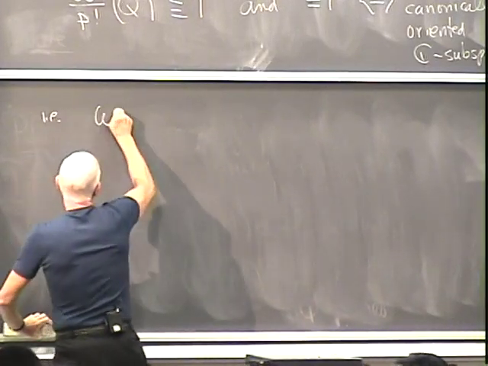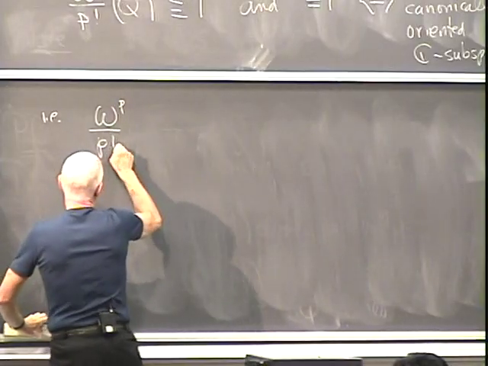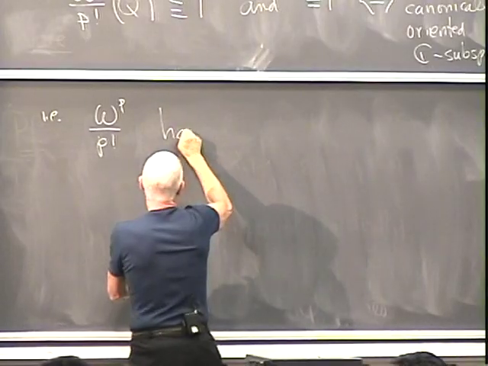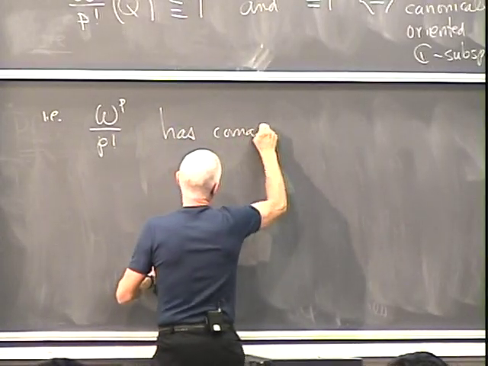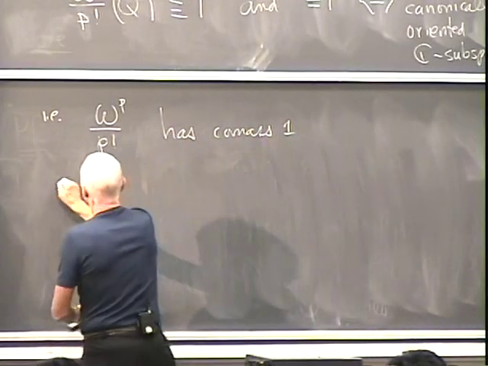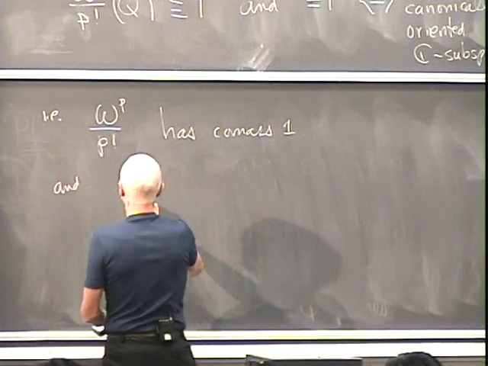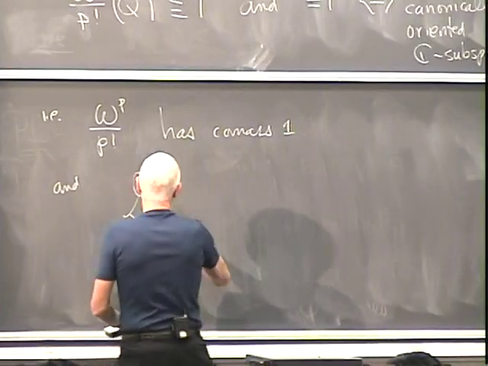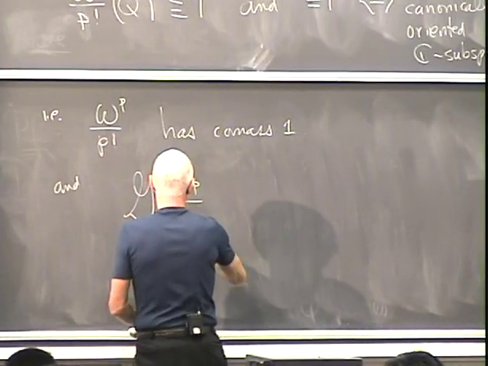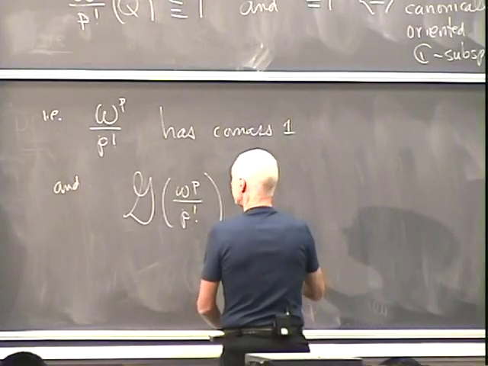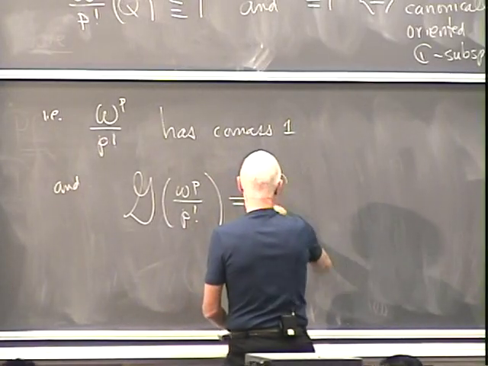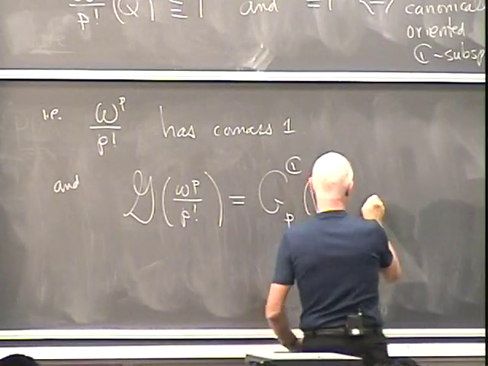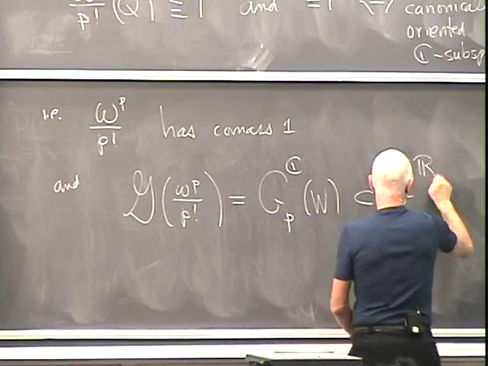I.e. omega to the p over p factorial has comass 1. And the set of associated phi planes is exactly equal to the complex Grassmannian of complex p planes sitting in the real Grassmannian.